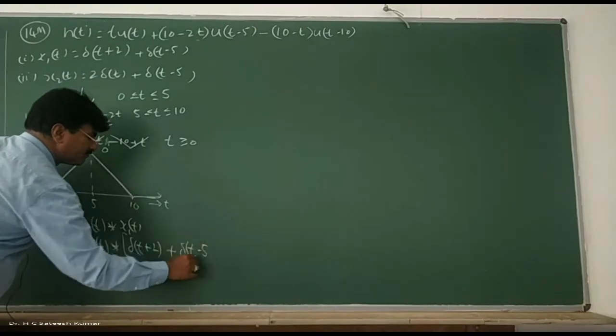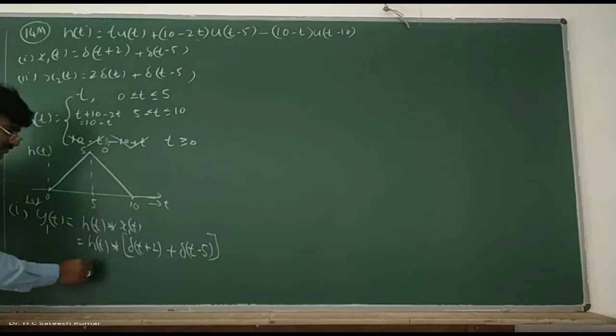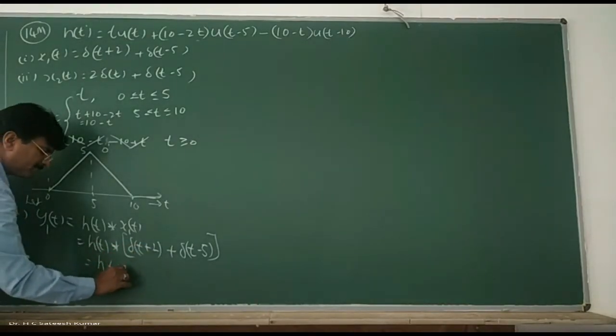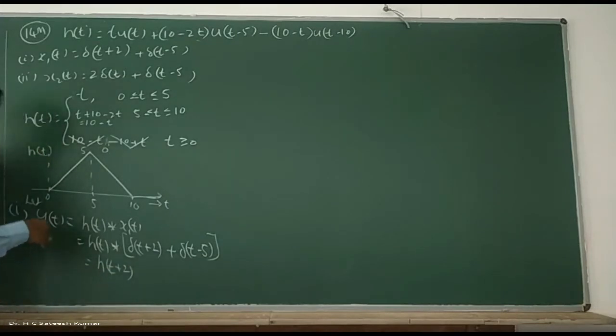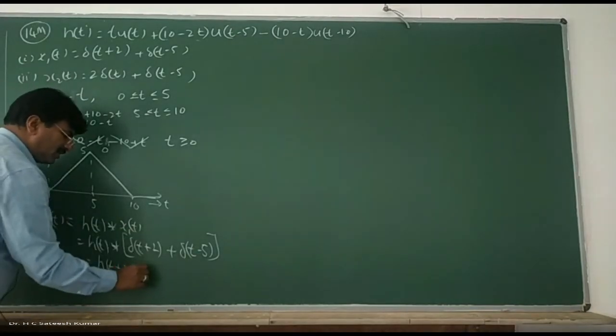Use the property: h of t convolution delta of t plus 2 is h of t plus 2. We use the formula x of t convolution delta of t minus t naught. Next, h of t convolution delta of t minus 5 is h of t minus 5.